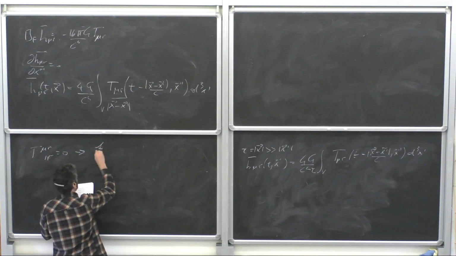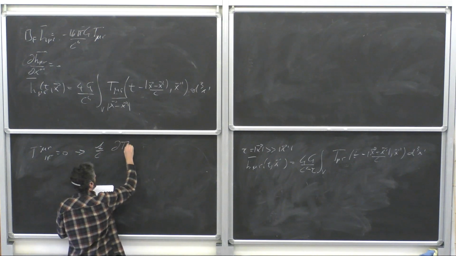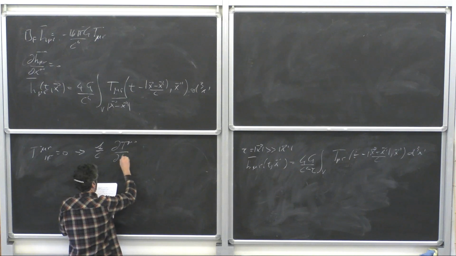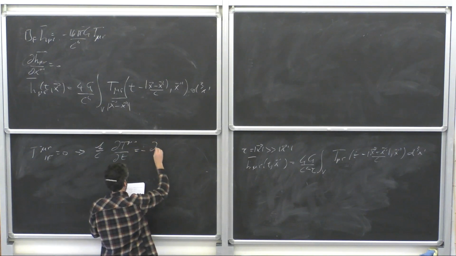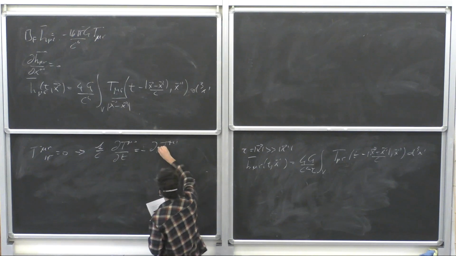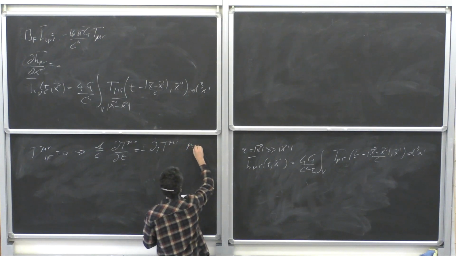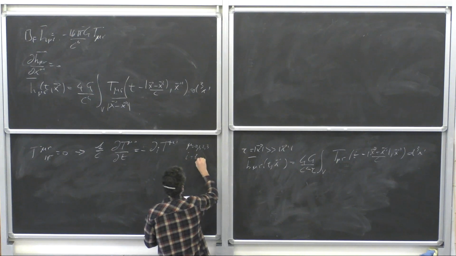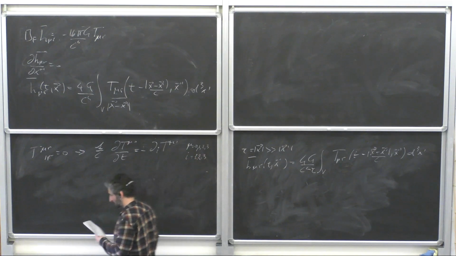If you expand the coordinates here, you get this expression, where mu goes from 0 to 3, and i is 1 to 3.